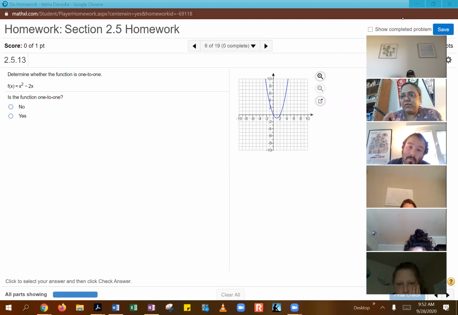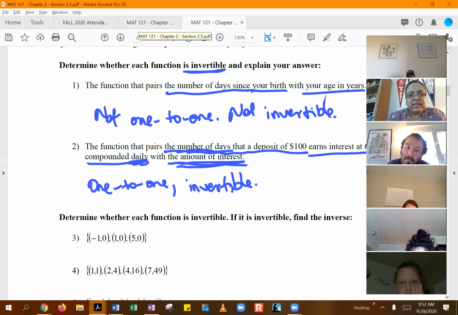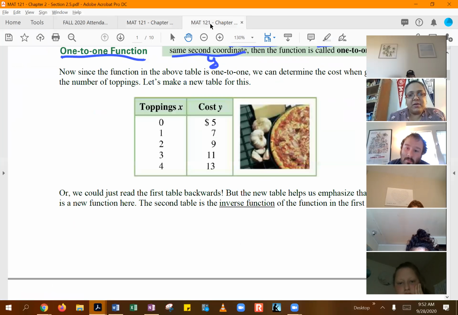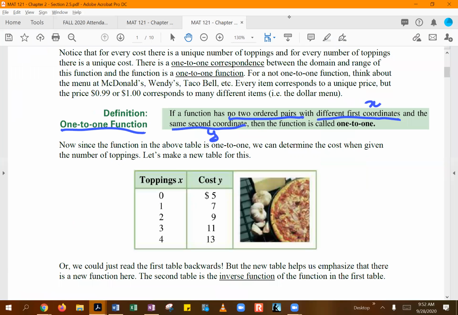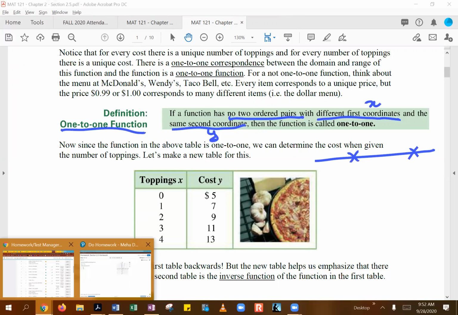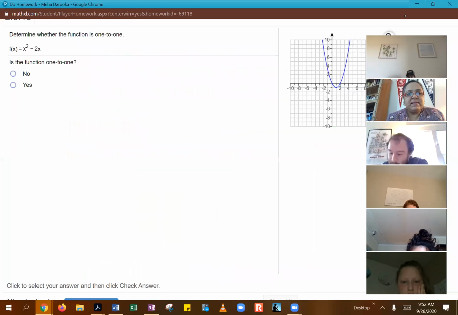For trying to figure out if our functions are one-to-one or not, we can actually use the horizontal line test. So you will see, again, going back to our definition, when we are saying for the same second coordinate, you cannot have different first coordinates. Just think about it. If we have a horizontal line, it will have the same Y value, but it can end up having different X values. So for one-to-one tests, we use the horizontal line test.